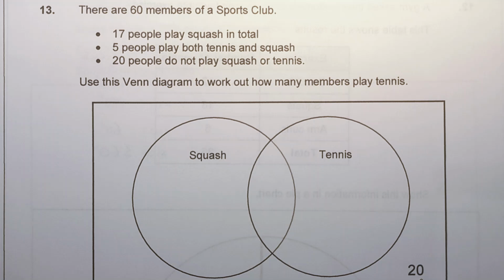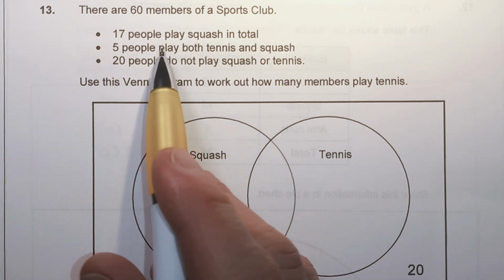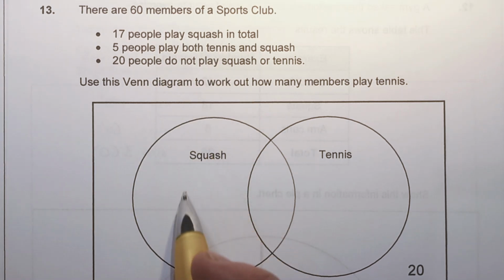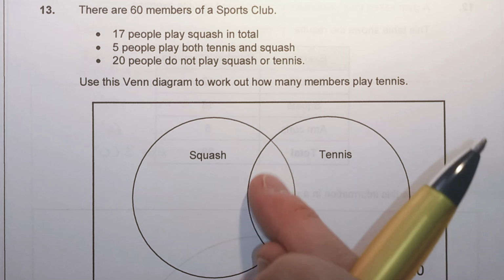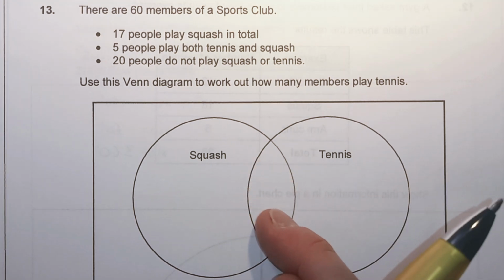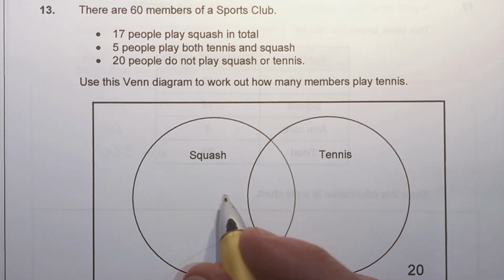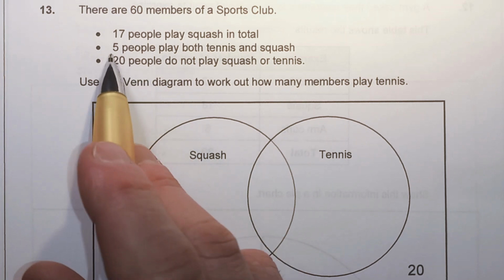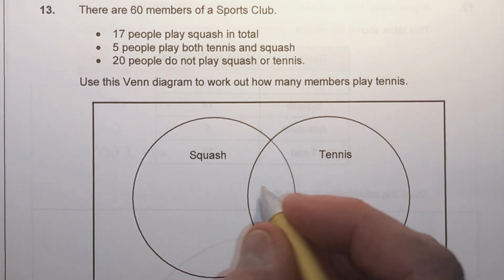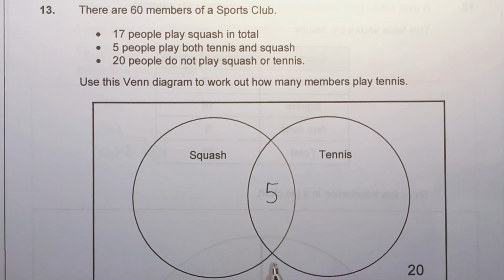We've got a number here, 20, which means there must be 20 people that don't play squash or tennis. 17 people play squash in total, so that's going to be the ones in here that play only squash, plus the ones in the middle that play both. So I'm not going to do anything with the 17 just yet. 5 people play both tennis and squash, so that can go in the middle.